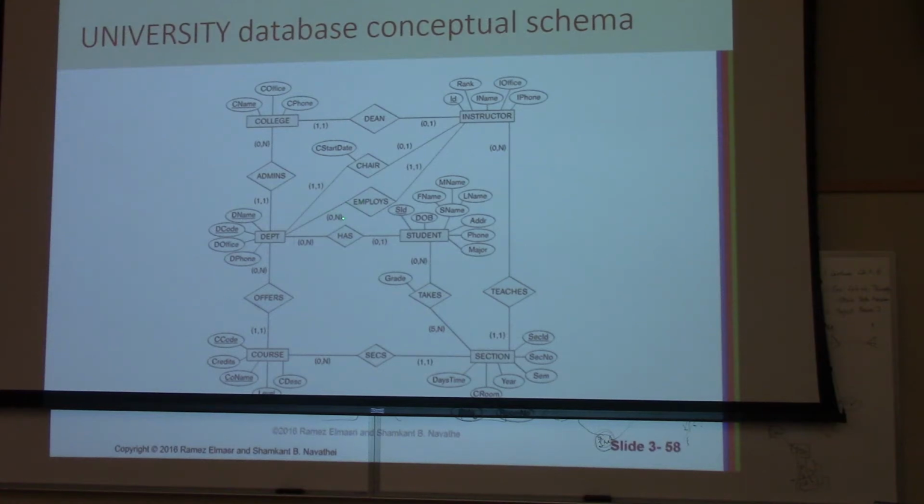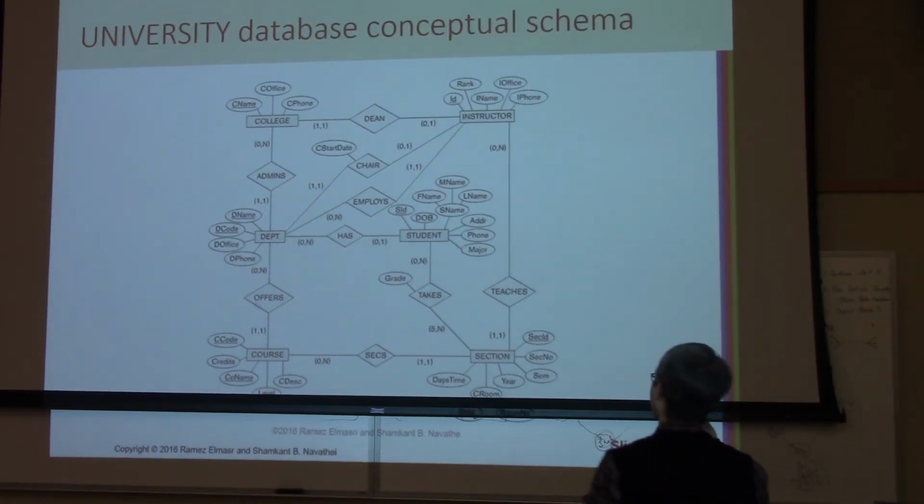The meaning of this one is that many instructors are employed in one department. And this one is each instructor is in one department, minimum one, maximum one, which means it's mandatory, and so on. So you should be able to understand such meaning of the ER diagram. If you can interpret the meaning of the university database, that will be fine. So that is the objective of the ER diagram.